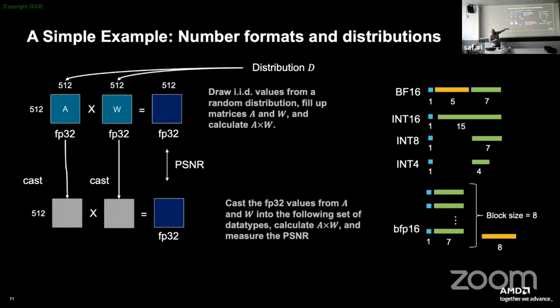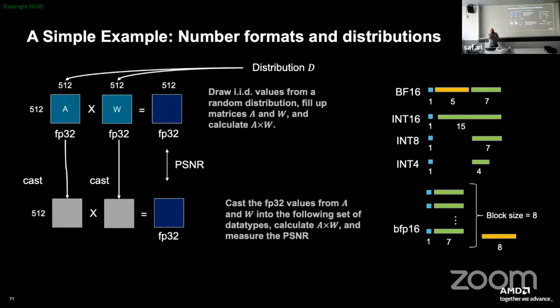I'm going to use those data types on the right side. They are chosen because bfloat16, int8, and BFP16 have 7 bits for mantissa. So precision-wise, they're very similar. int16 has almost double that, and int4 has, well, that should be 3, not 4. int4 has half of that.